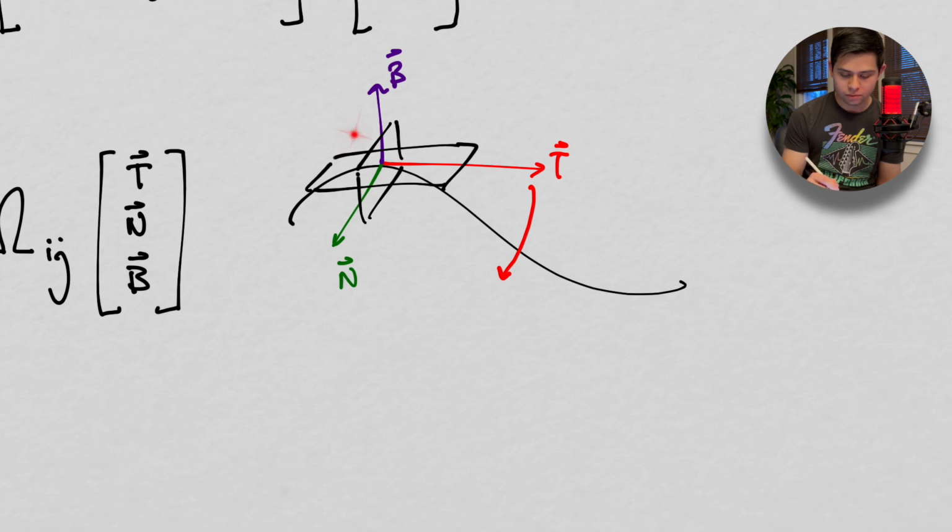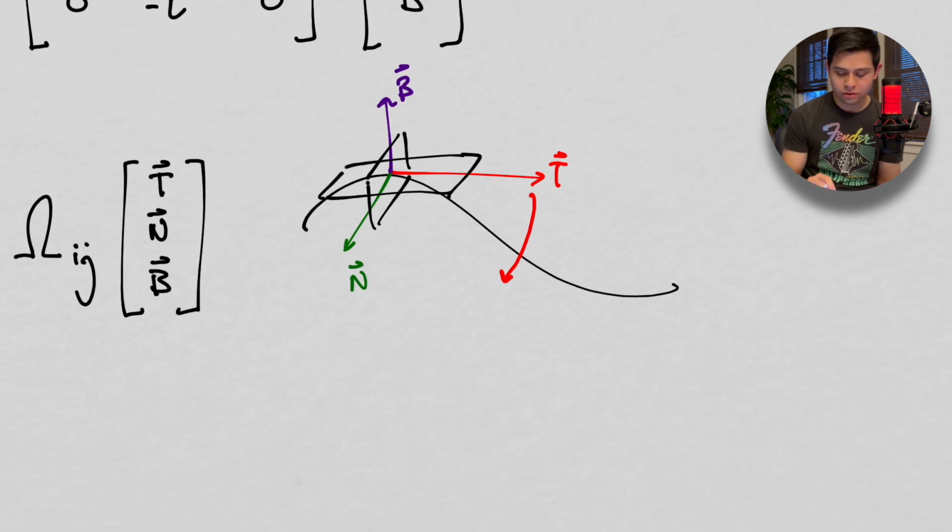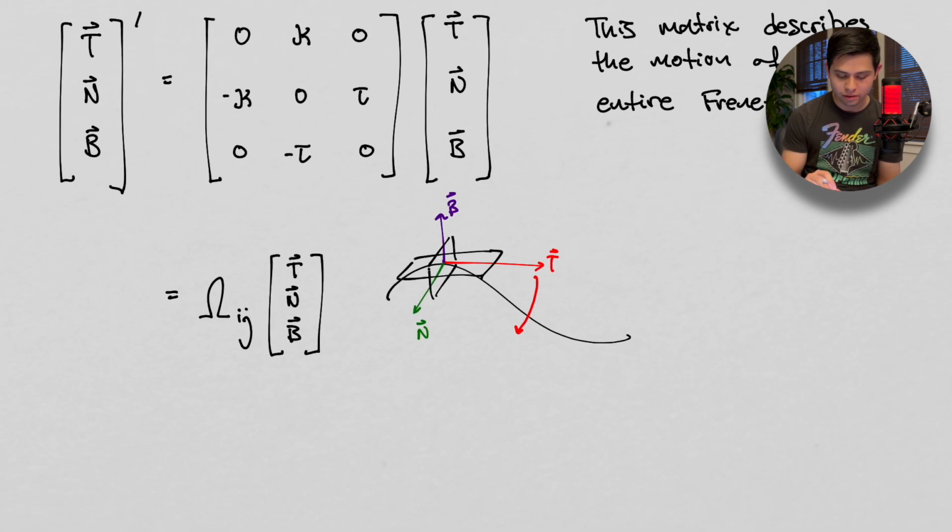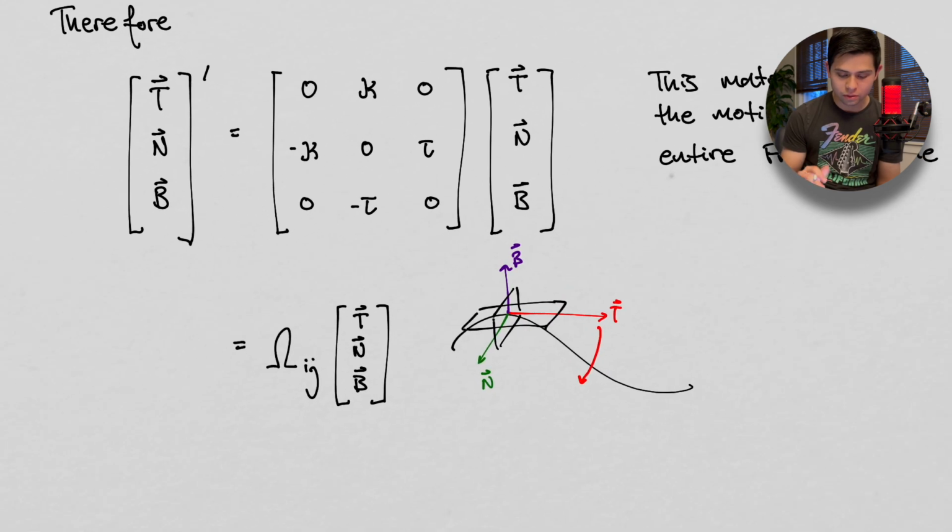So it's going to have to move up or down if this is going to move down. Likewise, if B moves, then N is going to have to move within this plane right here, so everything stays orthogonal.